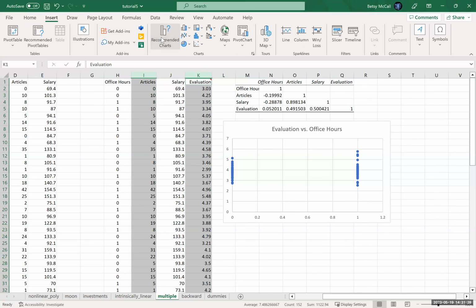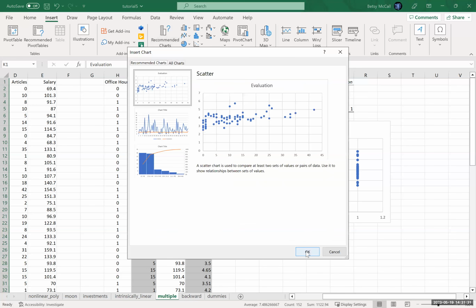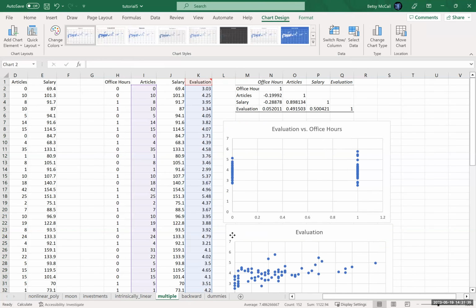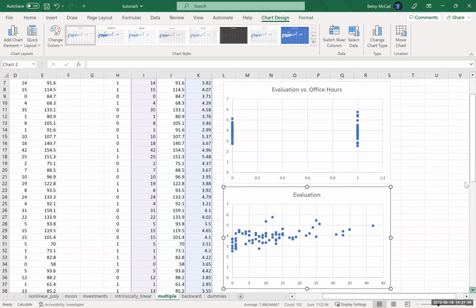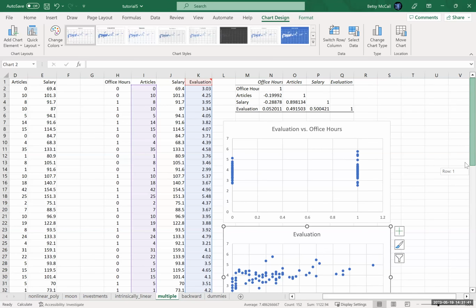So charts. This was evaluation versus articles.